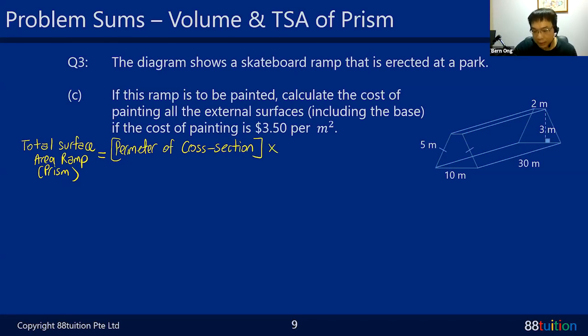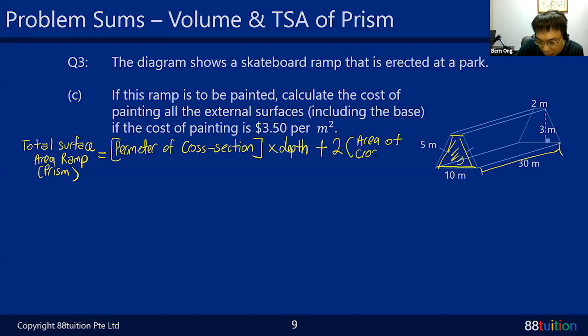This portion here in front is called the front part, right? This portion is called the depth. So perimeter of cross section times depth plus what? Plus 2 area of cross section. Okay, for this question I want to talk a little bit about the total surface area.